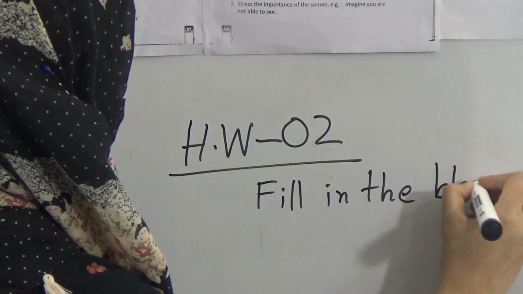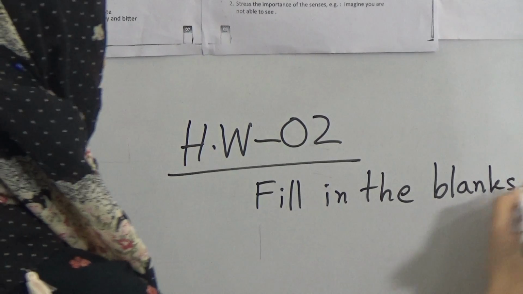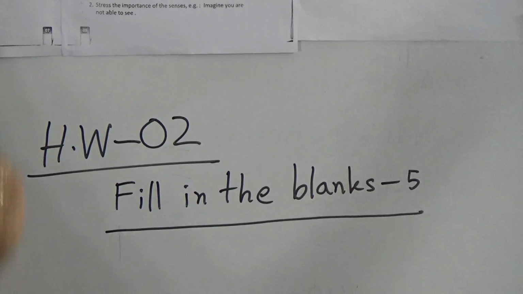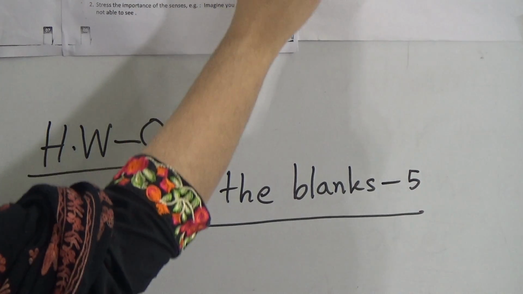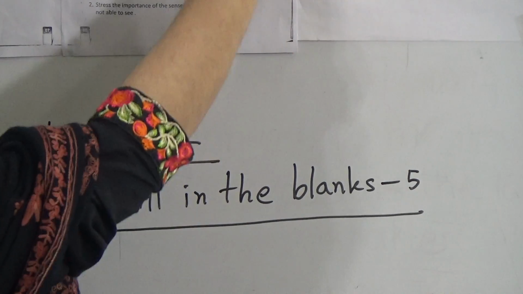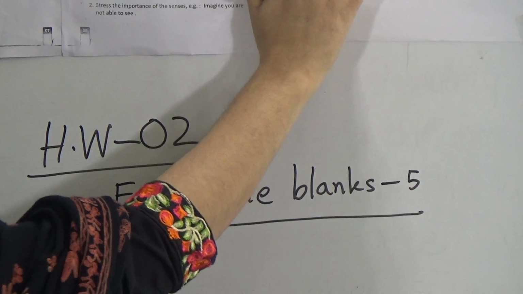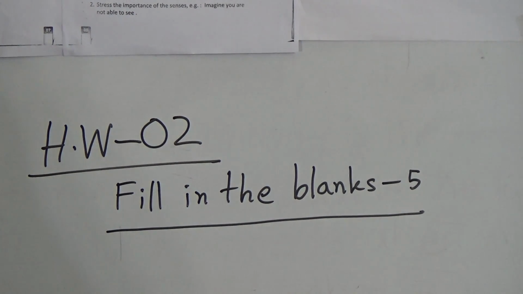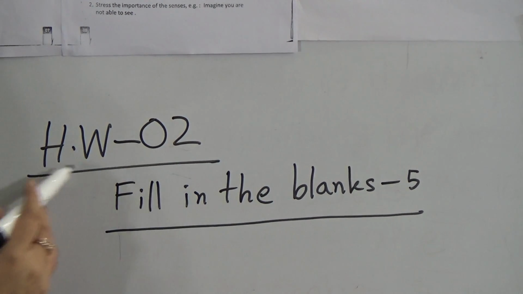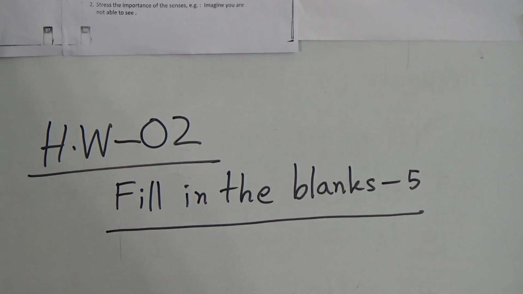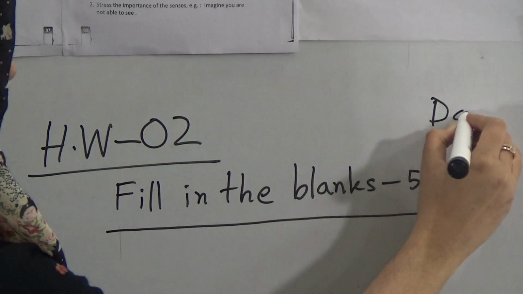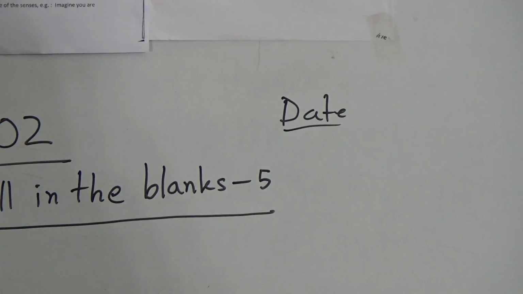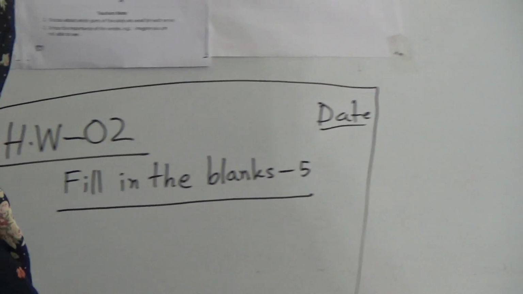We have done a total of 5 fill in the blanks today, and these 5 fill in the blanks will be your SW. Remember that when you do your SW, please write down the SW number and date, submission date, on top of your SW copy, like this.